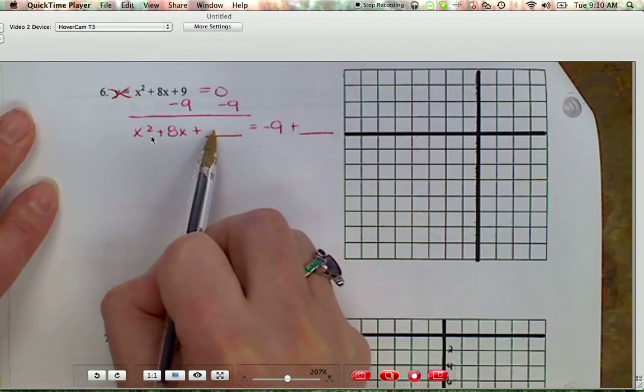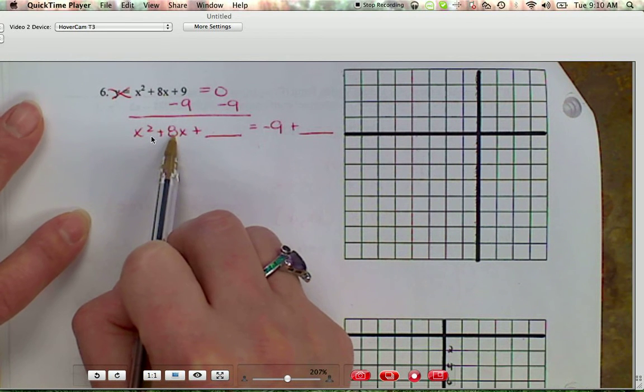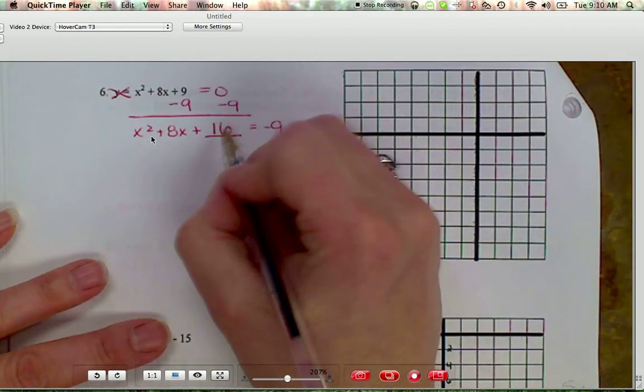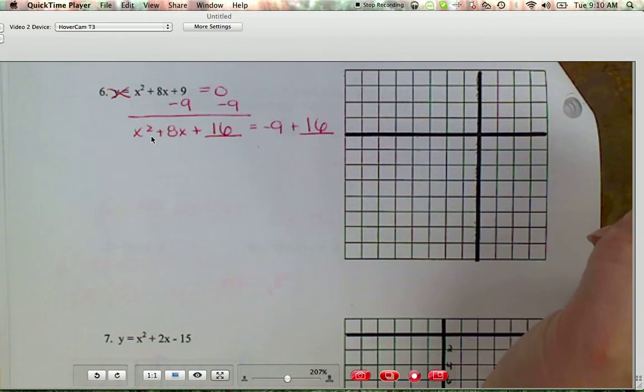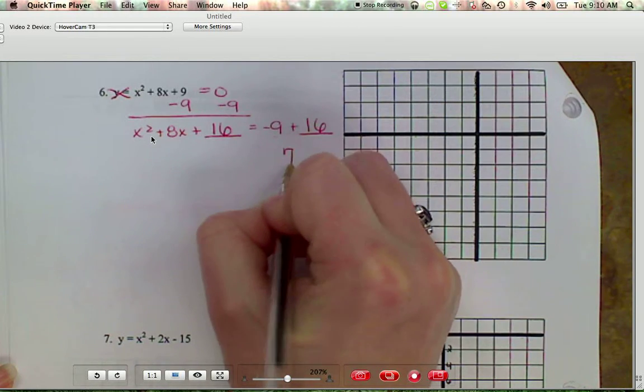Now, fill in the blank by taking half of b and squaring it. Half of 8 is 4. 4 squared is 16. If we add 16 to the left side, we need to add 16 to the right side. 16 minus 9 will give us 7.